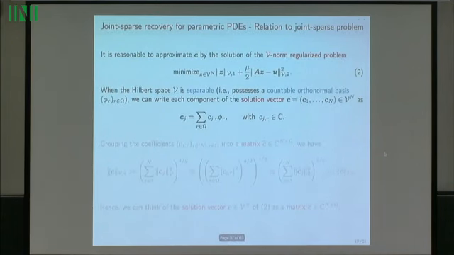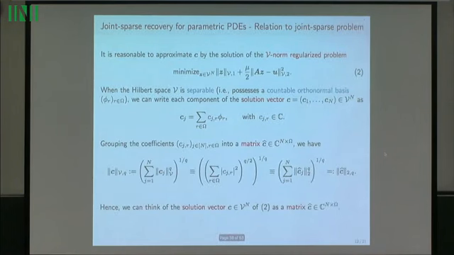If you know that the Hilbert space, excuse me, V is separable, i.e. possesses a countable orthonormal basis, then we can write each component of the solution vector C, C1 to Cn, in this expansion. And if I group these coefficients into a matrix, I'll call it C hat again, in Cn by omega, then we have this equivalence of norms.